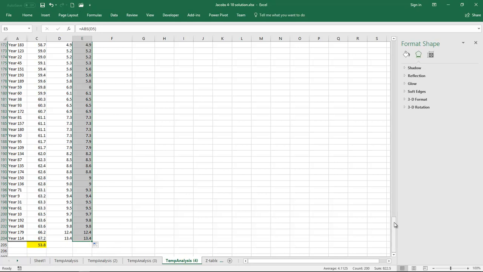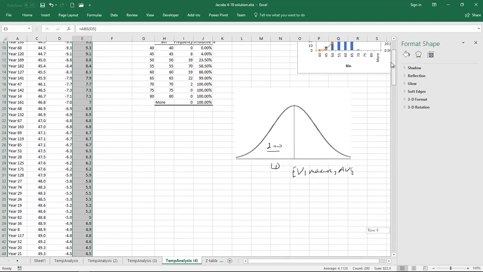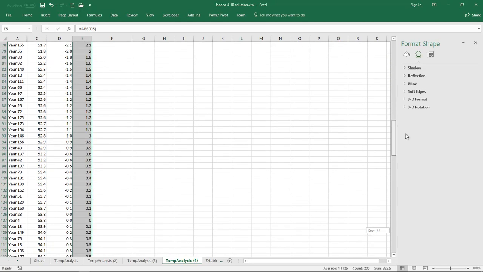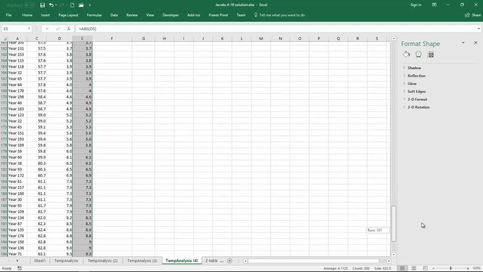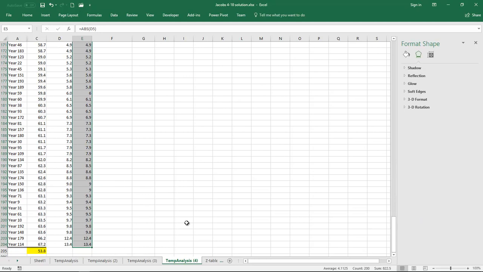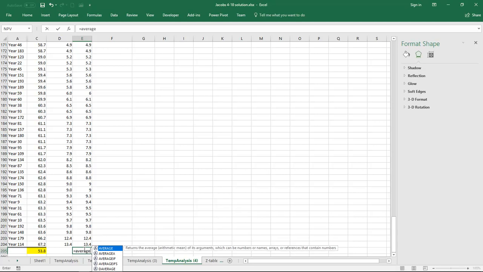How far away is that point? We don't care about the plus or negative. How far away is our point from the mean? So now we have the same numbers, but they're all positive. Okay, so that was one of our issues that we had to deal with, was these negative numbers. That's the first thing. So we created this absolute value, and now we can do the average of that. So we'll grab the whole column of numbers here.